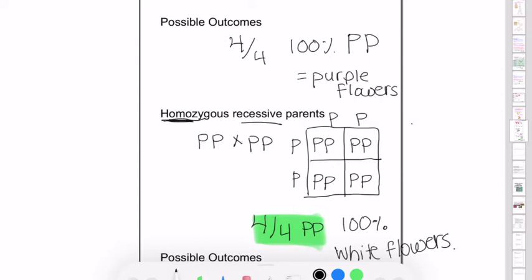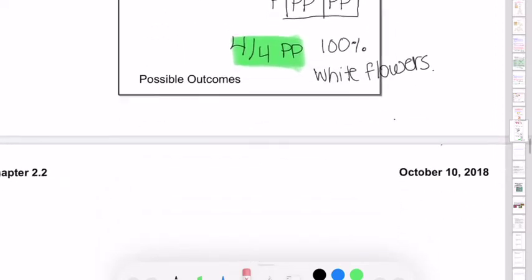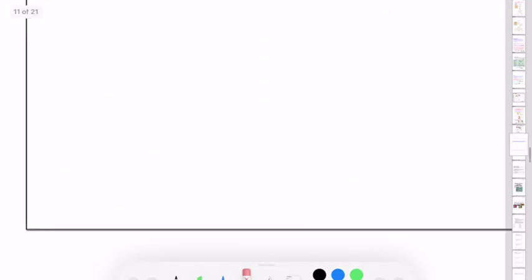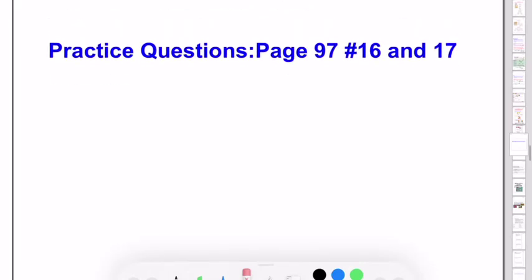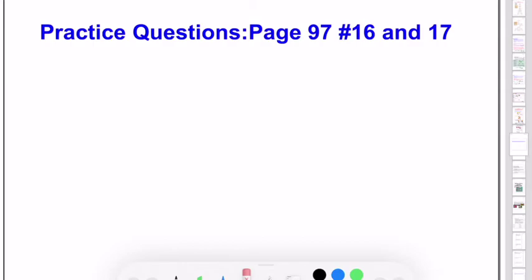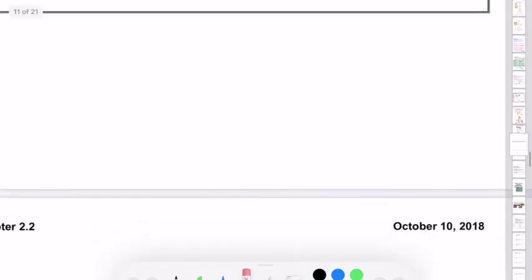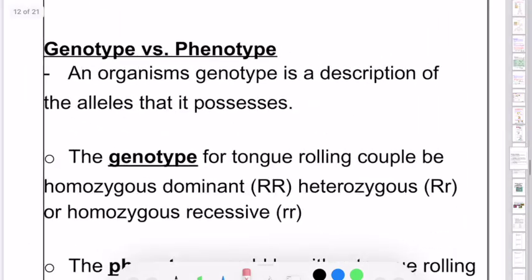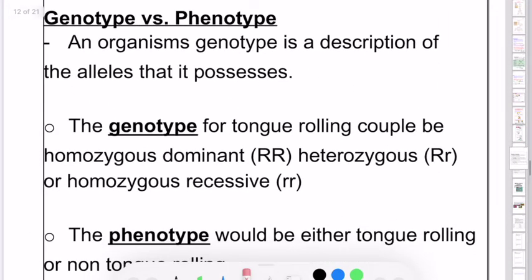All right. This is my favorite part of genetics, just because it's fun. It's sort of like math-like, and I like math. Okay, so that is that. There's some questions that I'd like you to do that go along with that. All right, so I'm going to continue on. Because, yeah, we'll do as much as we can today.